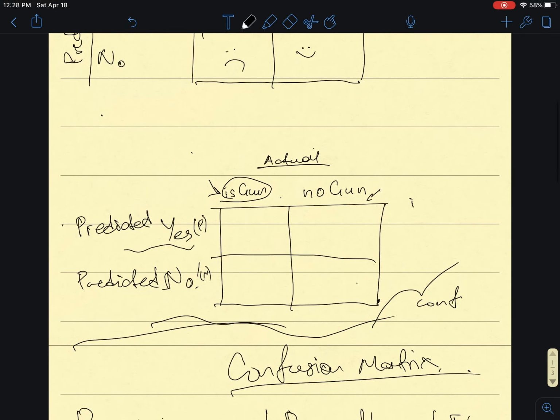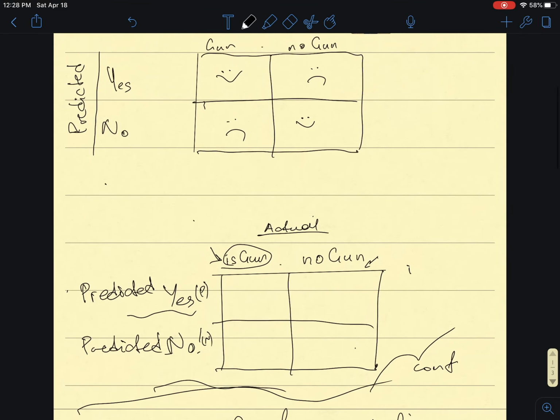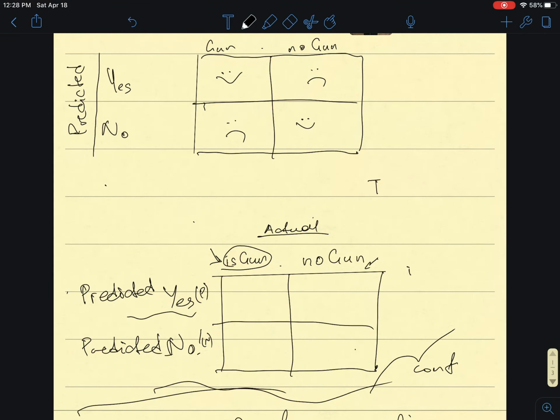All right, so that's a basic idea behind the confusion matrix. Now let's jump into talking about the actual slang. So let's say I'm telling you that it's a true positive. The output of the network: true positive. What does it mean? Well, the second word here stands for a class name. Currently, the way we call the classes is sort of yes or no, whether there is a gun or not.